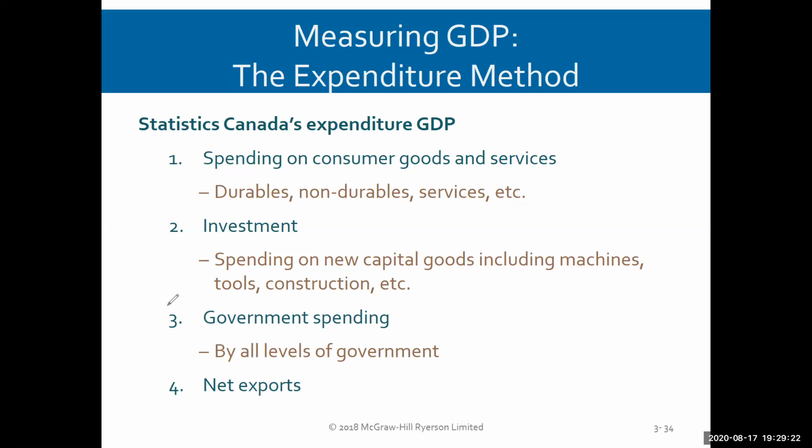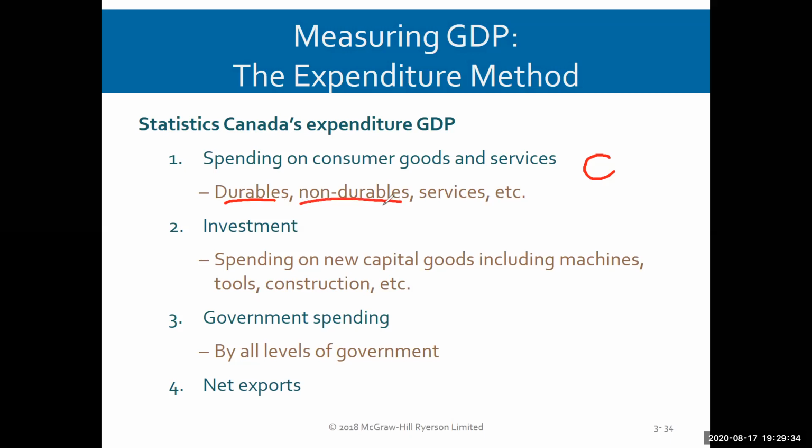So we've got that right here. That's consumption. Spending on consumers' goods and services includes durables like a refrigerator, non-durables like maybe a new pair of jeans, and services like my haircut or a cup of coffee. So that's the first component of measuring GDP, gross domestic product.